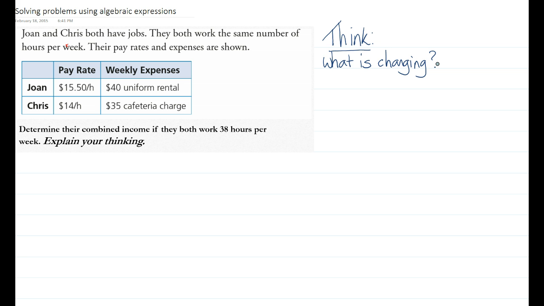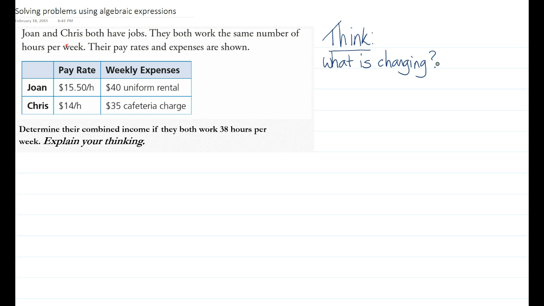You could use symbols of some other type, but we use letters, and sometimes the letter X is used as a general variable, or you could use a letter that makes more sense based on the problem, as we'll do in this case.